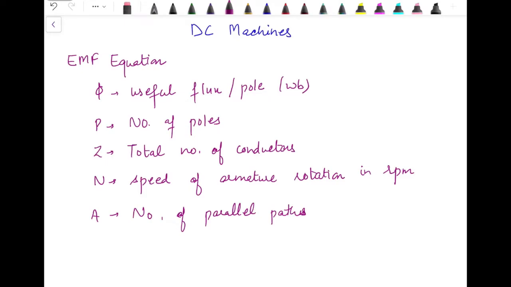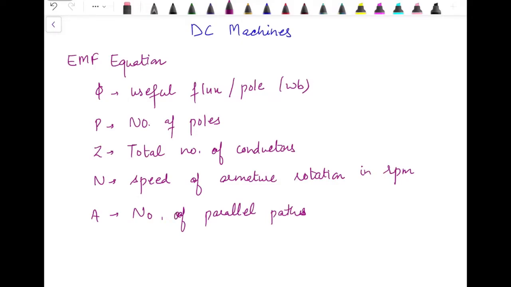Now, what's the meaning of number of parallel paths? If you remember in the previous video, I had explained that in order to increase the current carrying capacity, the conductors are connected in parallel. So, when conductors are connected in parallel, obviously there is current division. So, how many parallel paths are available in the machine for the flow of current?